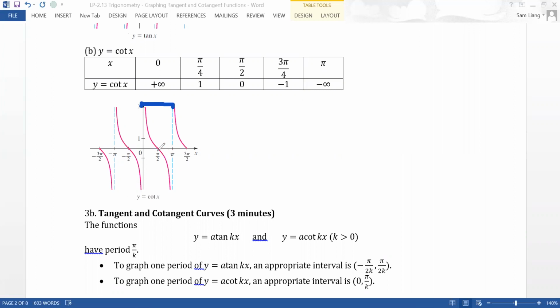The values there are pi over 2, 0 in the middle, and then you have 0 and pi, those are the asymptotes. And at pi over 4 and 3 pi over 4, you have 1 and negative 1 respectively. And this branch that I indicated here in blue is the branch that you should graph.